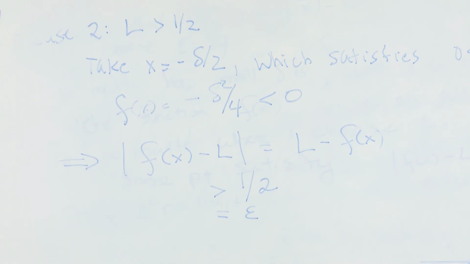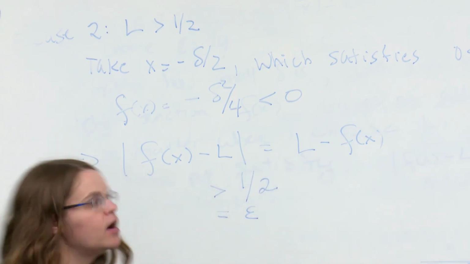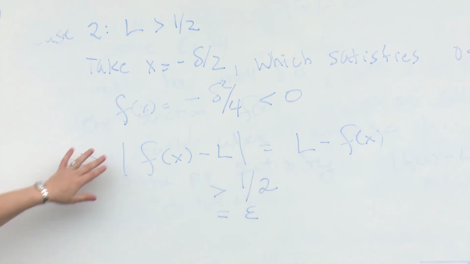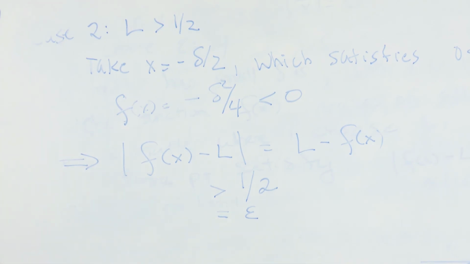There was nothing here that said how big or small delta was. It could be as small as you like. And no matter how teeny tiny this window is, we're always able to construct a value of x where f of x minus L is bigger than epsilon. f of x escapes from this window that we wanted. So again, we say the definition of the limit doesn't hold for this value of L.